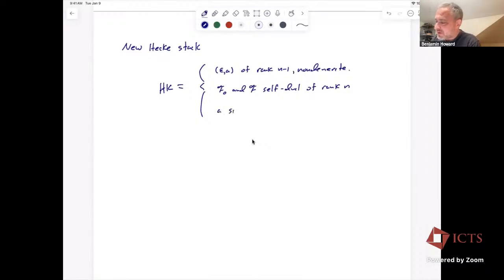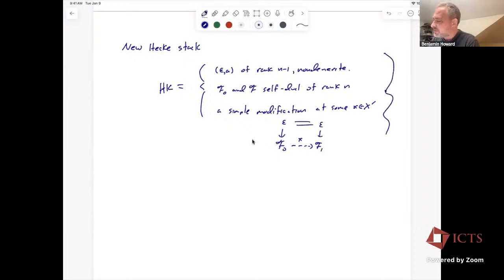A simple modification. F_0 to F_1 at some x, and E mapping to both. The moduli space of all such things.